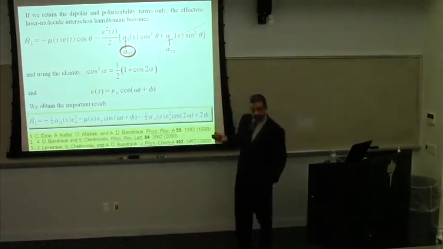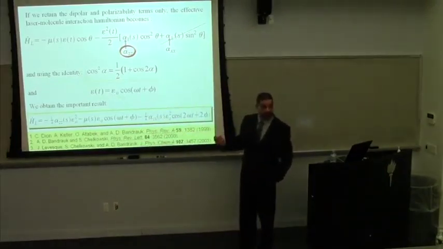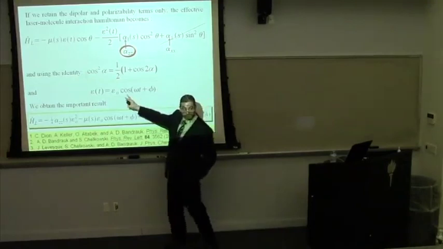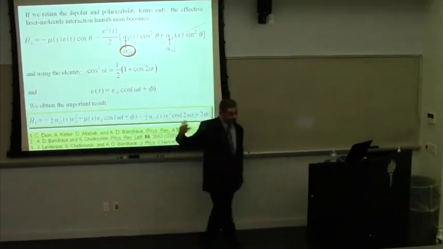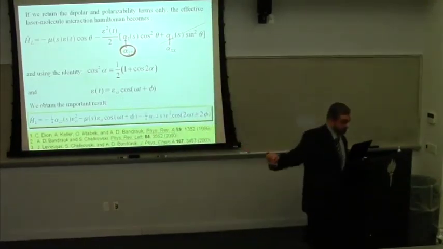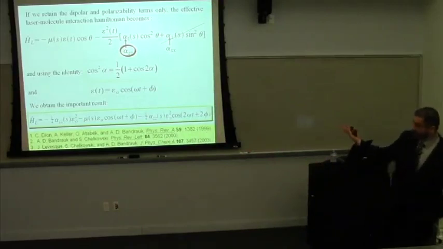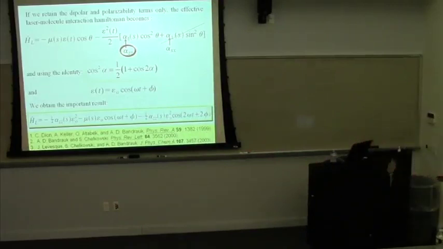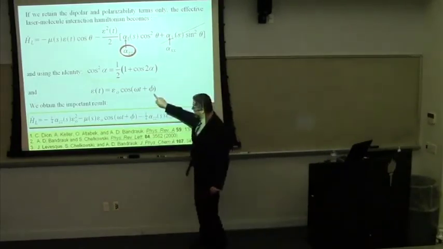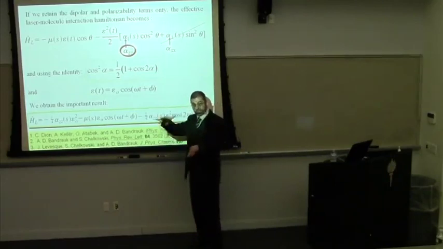If you actually put the functional form that describes a wave, which is the amplitude times cosine of omega t plus an initial phase factor, right? And that's to be defined later. And I will show you how experimentally you can actually play with this in order to modulate your potential energy surface.